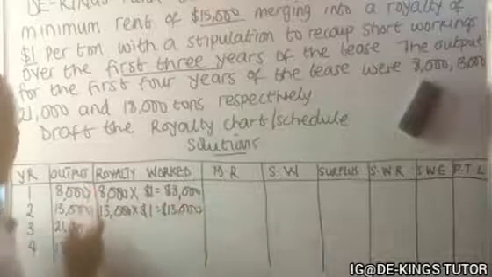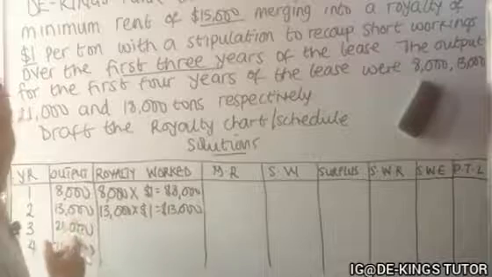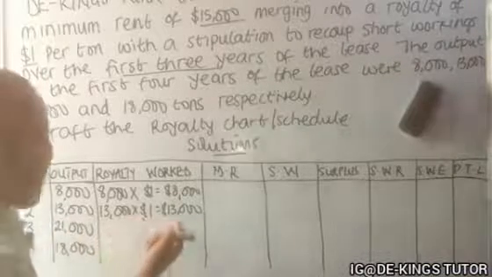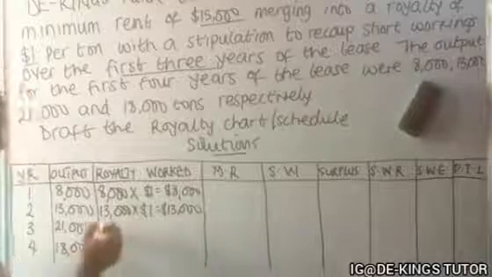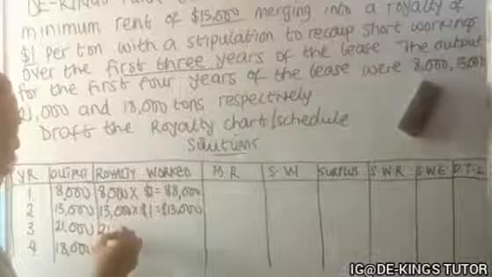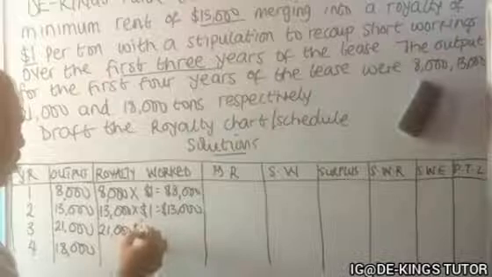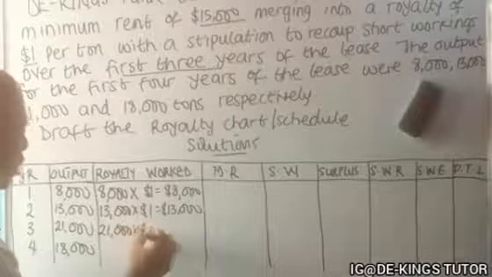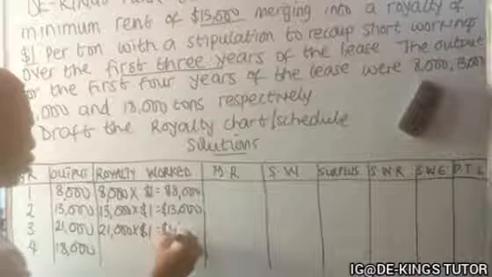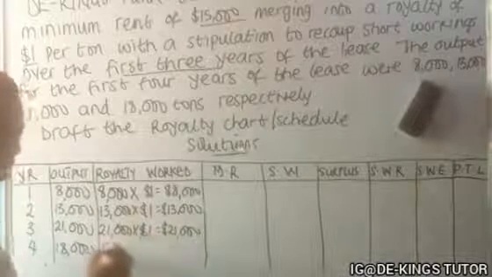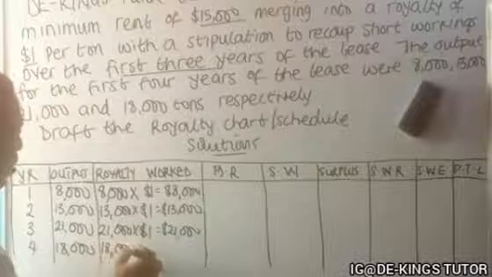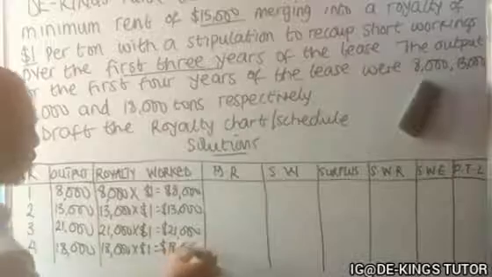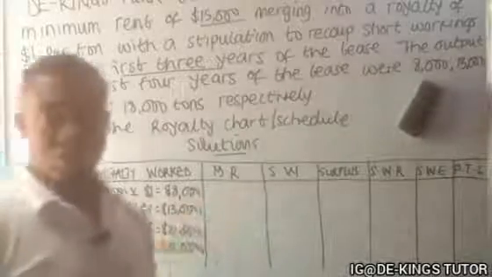Remember, all these are not in any currency value. Okay, they are output. So it is multiplying by the currency that gives it the amount. That's the actual royalty. So this 21,000 times $1 equals $21,000. And 18,000 times $1 equals $18,000.